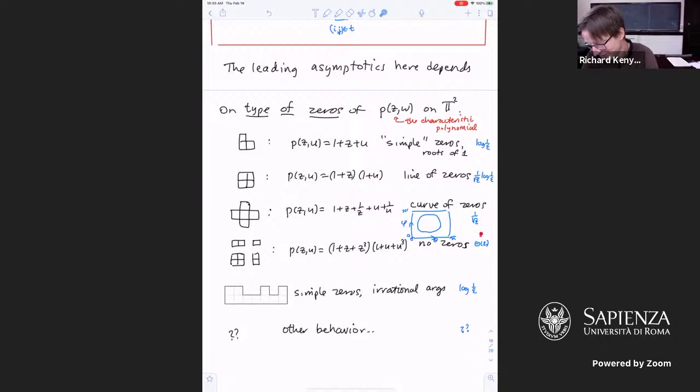That's a well-studied problem. What we haven't understood quite yet is, for our particular restrictions, where our tile is a polyomino of some type, maybe connected or not, which types of zeros can we get?